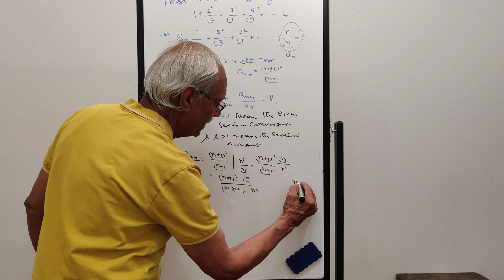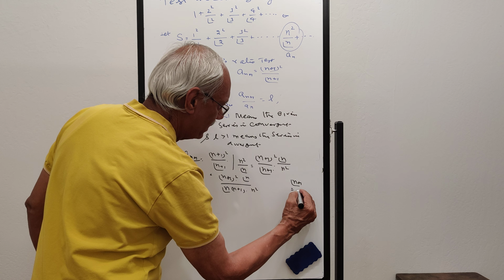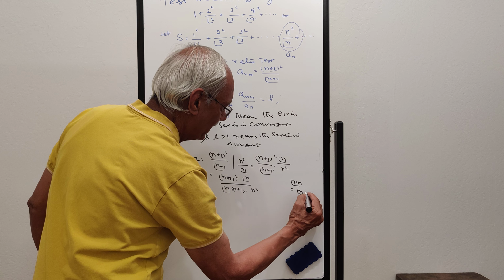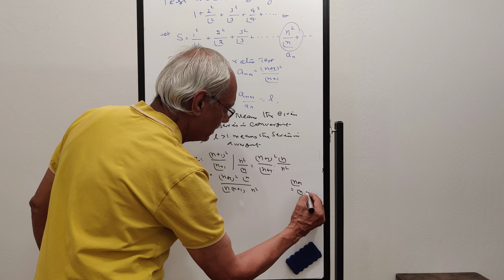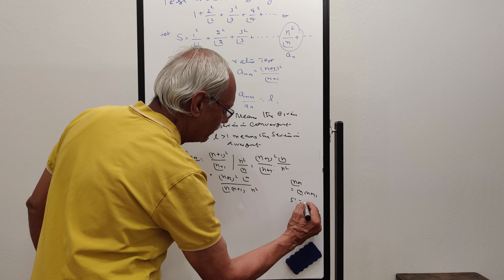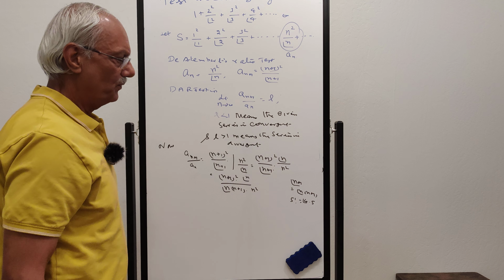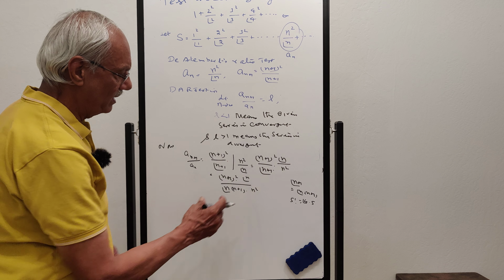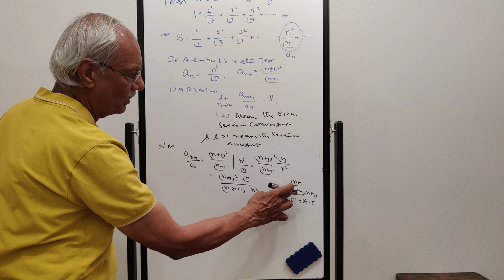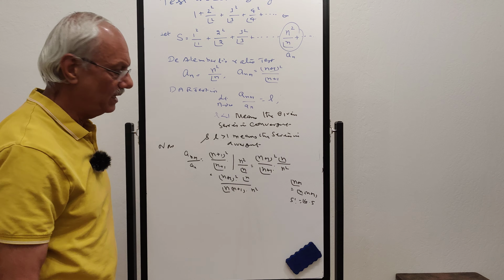You see that n plus 1 factorial is equal to n factorial into n plus 1. Understand that 5 factorial means 4 factorial into 5. So n plus 1 factorial is equal to n factorial times n plus 1.